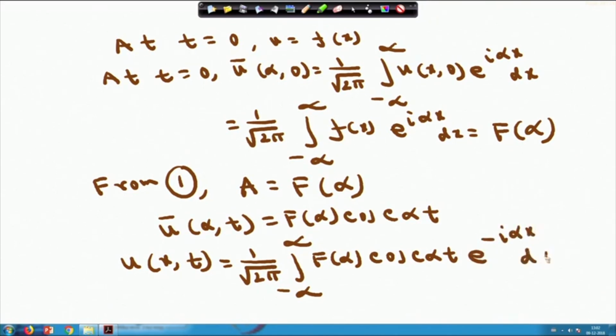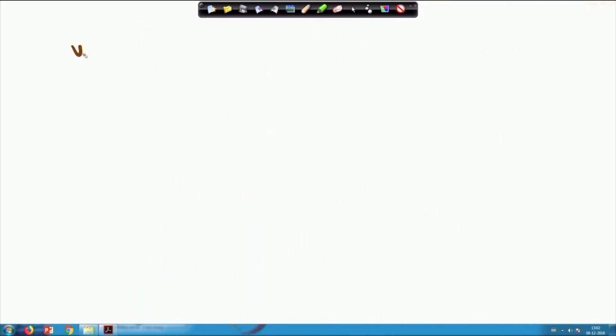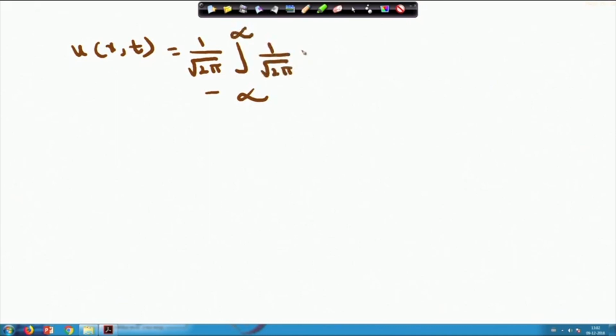into d alpha. Now, I have to evaluate this integral. What I will do at first, this cos function I can break it, and this F alpha I can write in terms of the Fourier function. So, I can write down u x t equals 1 by root 2 pi is coming here, integral from minus infinity to infinity, then again capital F alpha is there, capital F alpha you can write down as integral from minus infinity to infinity f u into e power I alpha u du.